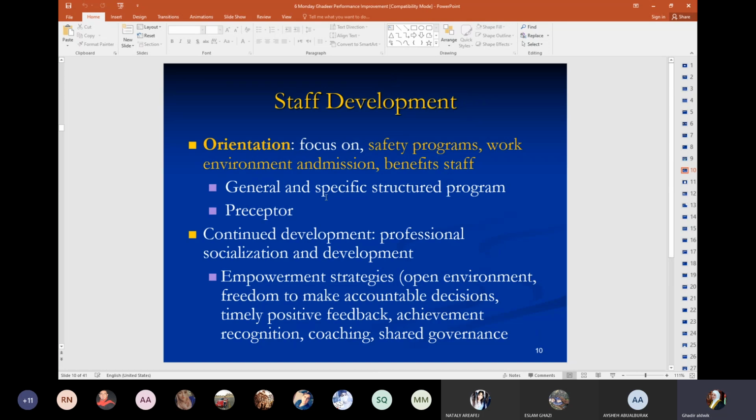Specifically, the orientation program should focus on main issues like safety programs, as Islam said, infection control, and work environment, admission, the policies, procedures, environmental conditions of the hospital.